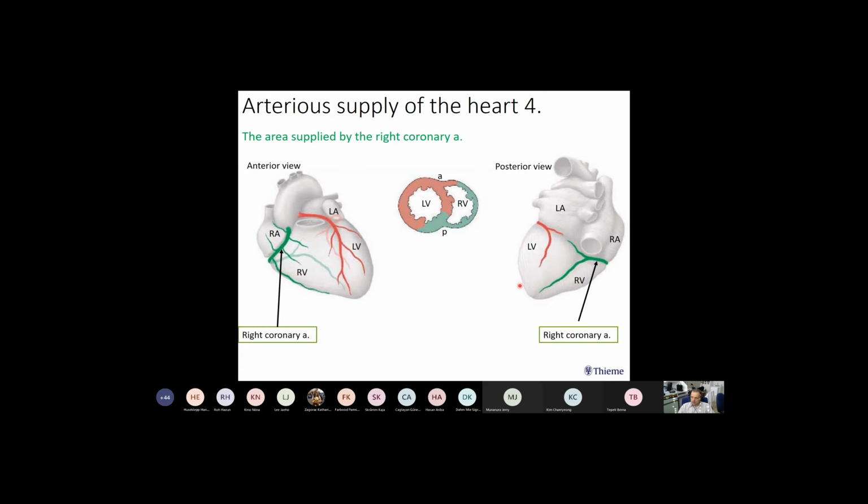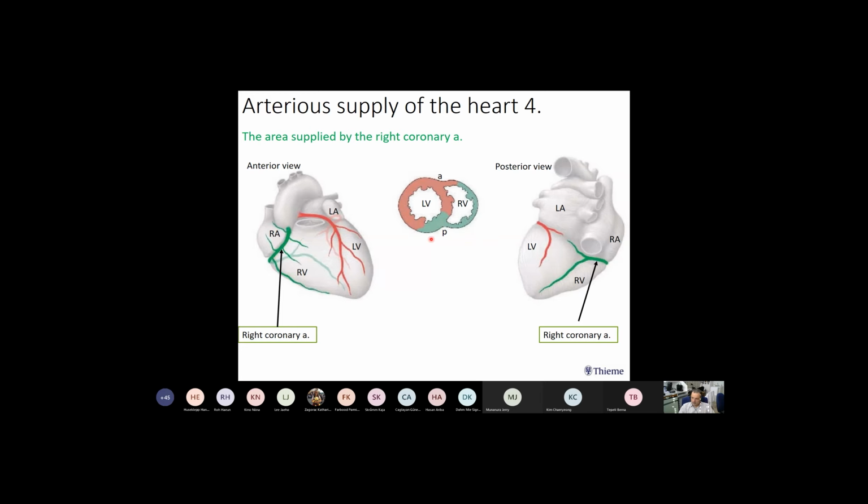This is the posterior aspect of the heart, and there you can see again the right coronary with its branches. And in the middle, in this scheme, the ventricles are cut around this plane, and this refers to the cross section. The green color represents the area which is supplied by the right coronary artery.